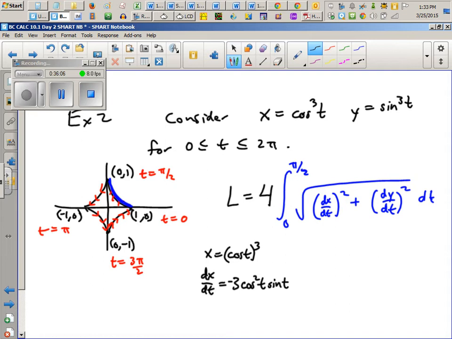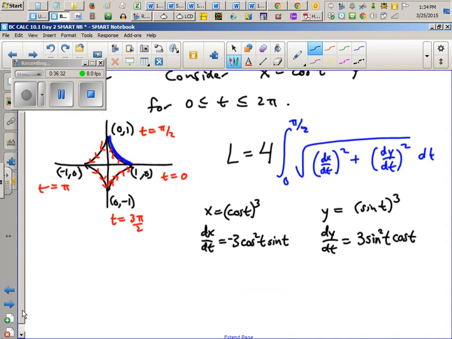So don't forget the chain rule, and you bring the 3 down, so it becomes a 2. Y is sine t cubed. So what's dy/dt? 3 sine squared t cosine t.